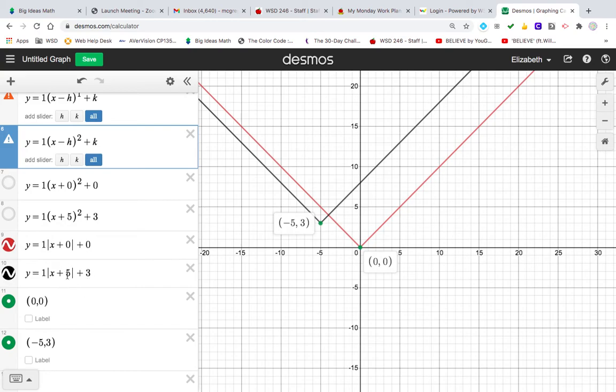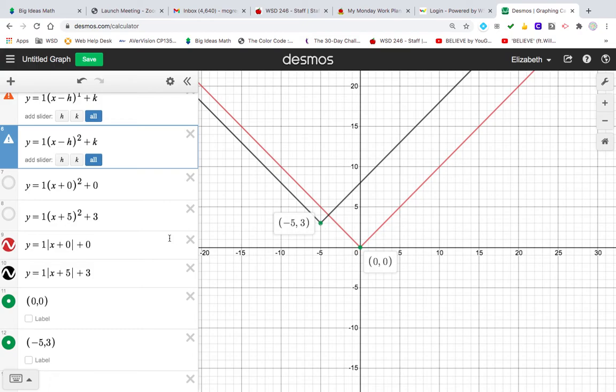And inside parentheses, this was -5, but it's the opposite inside. And my outside was 3, and this is the same sign. So I've got this (-5, 3). This is also called the vertex of my parabola, and this right here is called the vertex of my absolute value.